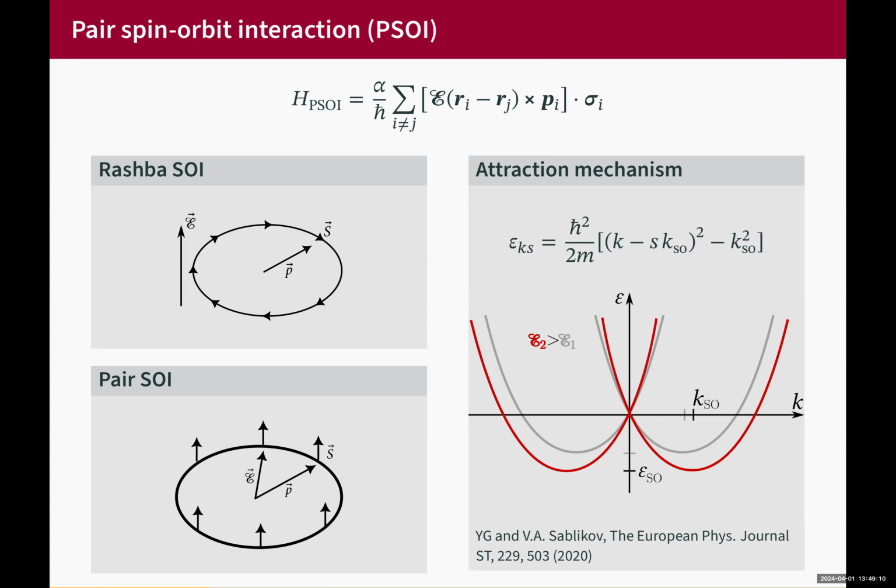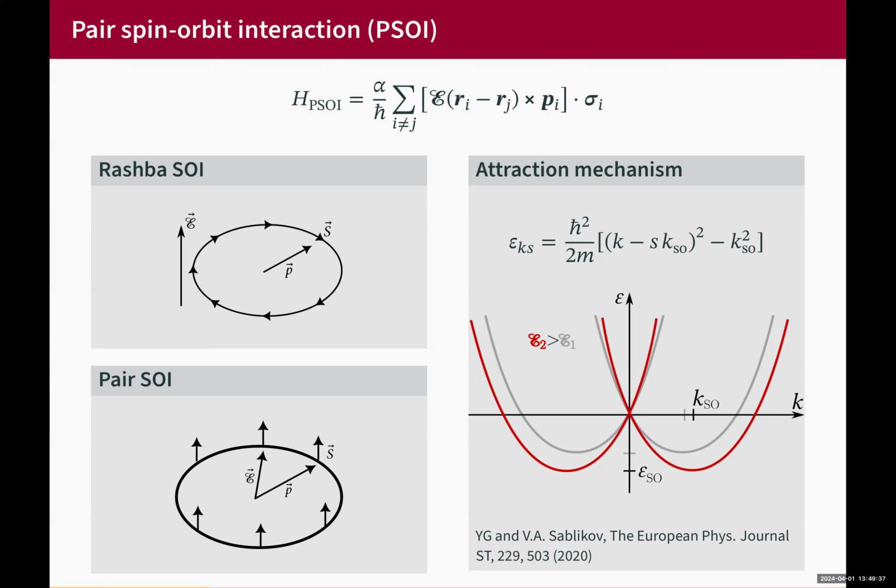The crucial difference is that the electrical fields, in this case, lie within the plane. These are in-plane fields. And then this interaction tends to orient electron spins perpendicular, normal to the plane. No chiral texture, all electrons tend to align the spins in the normal direction, leading to ferromagnetism eventually.